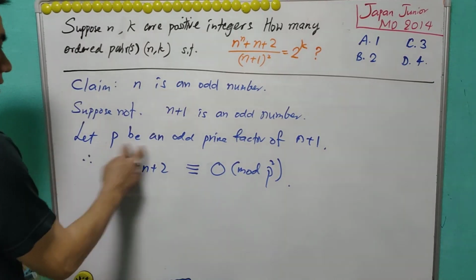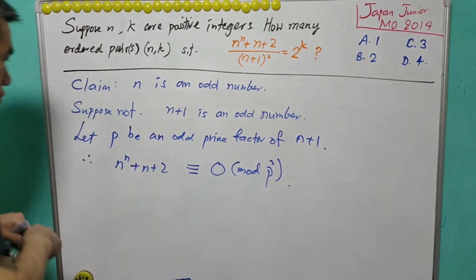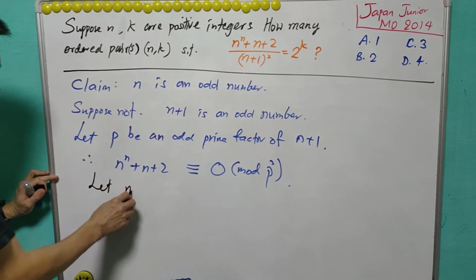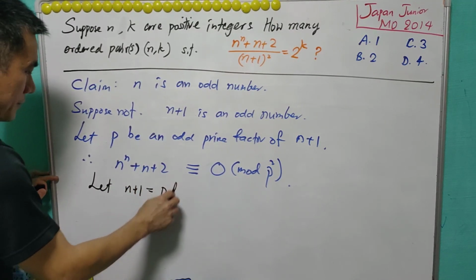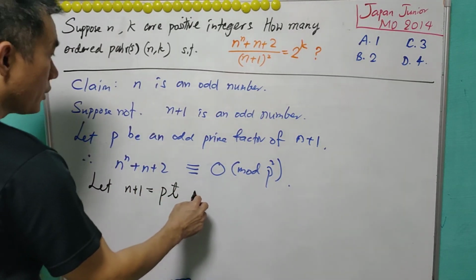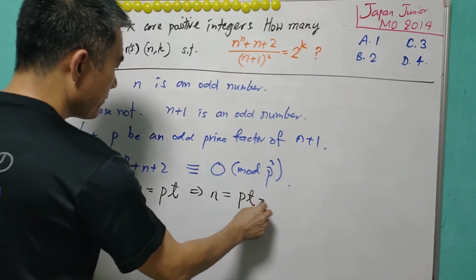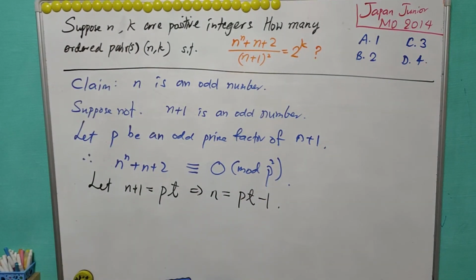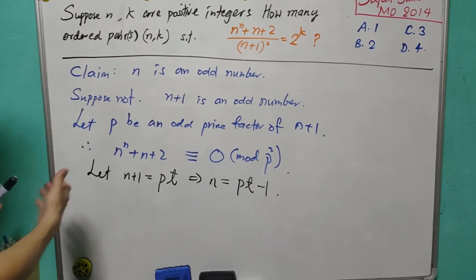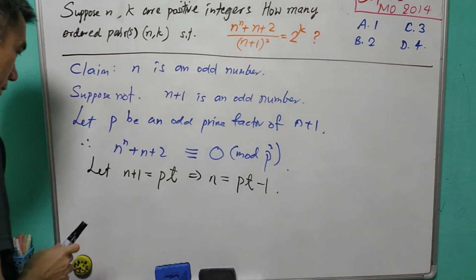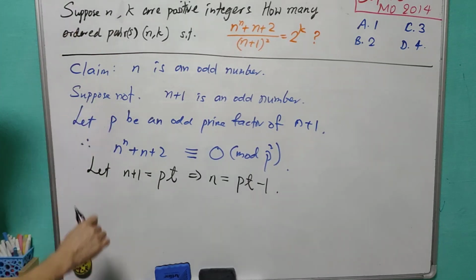Since p is an odd prime factor of n plus 1, I'll let n plus 1 equal p times t. So n is equal to pt minus 1. Next, we are going to use the binomial theorem to show that this is not possible and derive a contradiction.